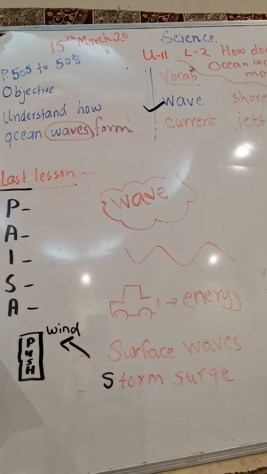And then finally, the disaster, powerful hurricane winds. They produce much larger waves which can cause a storm surge or an unusually high water level. So this is about the first vocabulary, water wave.